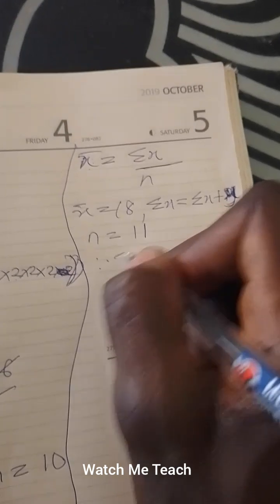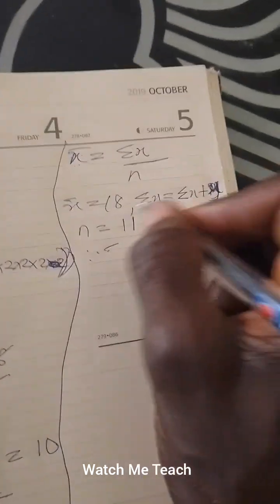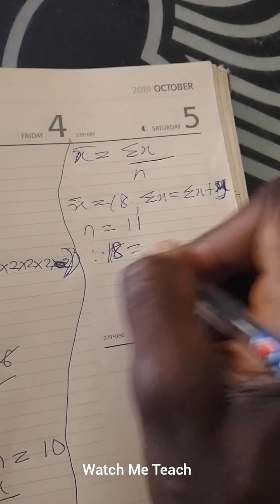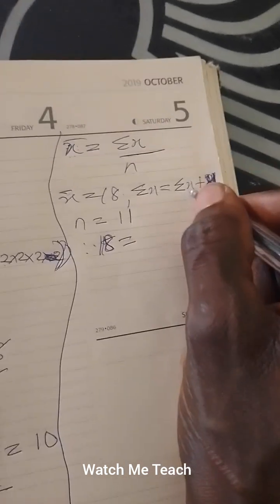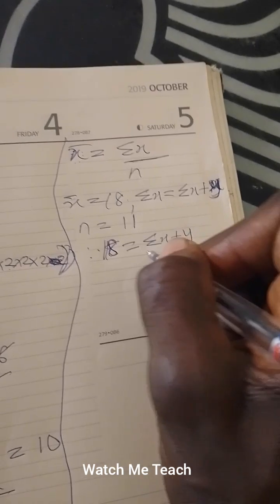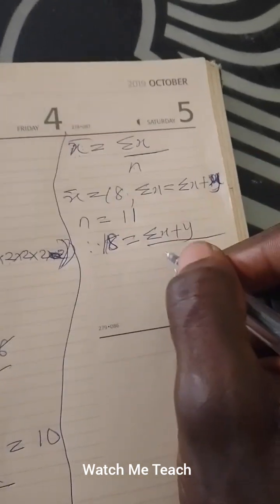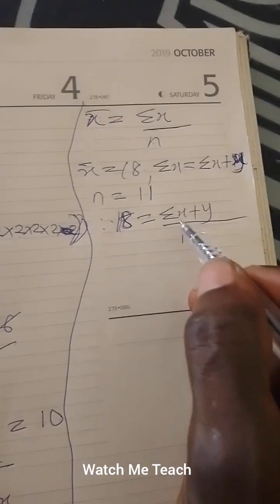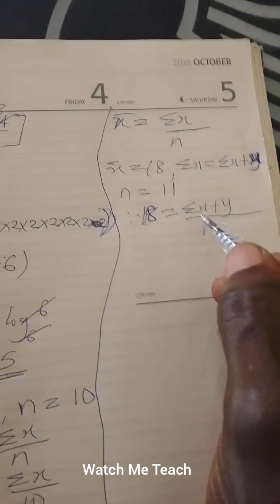So therefore, bar x is our 18, equal to summation x plus y, all over how many do we have there? That is 11 numbers. Is that clear? Now, but summation x is the summation of 10 positive numbers.